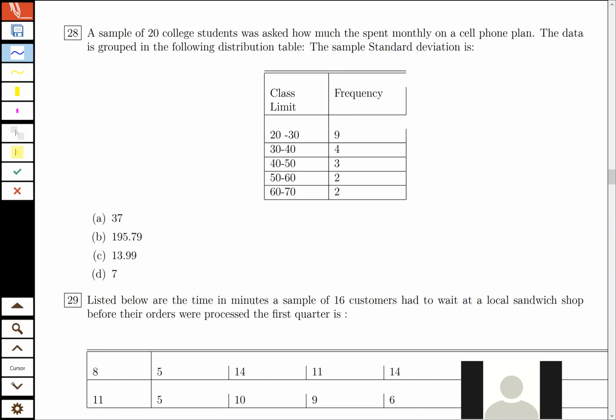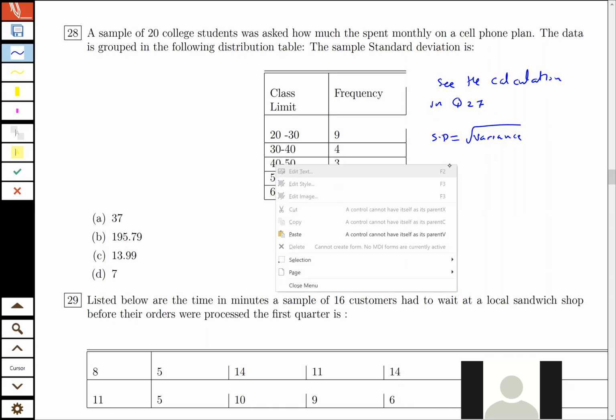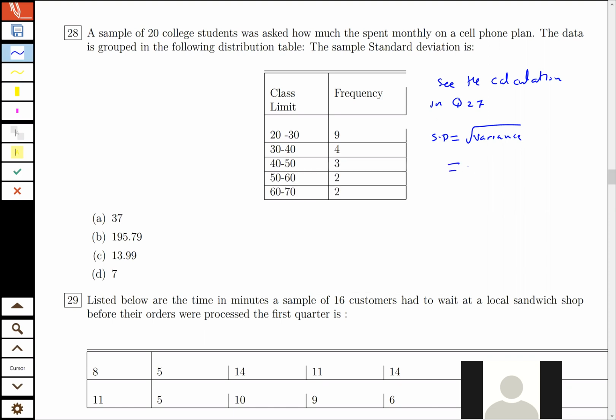Now, next question. The next question is the same question, but he wants the standard deviation. See the calculation in question 27. It's the same calculation. The standard deviation is the square root of the variance. There he is asking about the variance; here we are asking about the standard deviation.